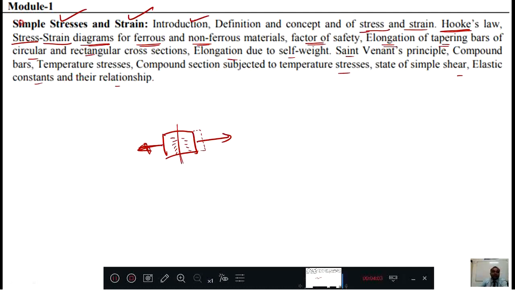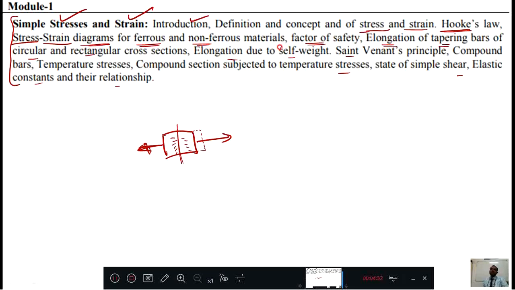Okay, this is all included in the first module, and these concepts are very important. If you understand these concepts, then only you will understand many subjects in civil engineering. For example, fluid mechanics. In the future semesters you will get subjects like determinate structures, indeterminate structures, and you study RCC, steel structures, soil mechanics, geotechnical engineering.